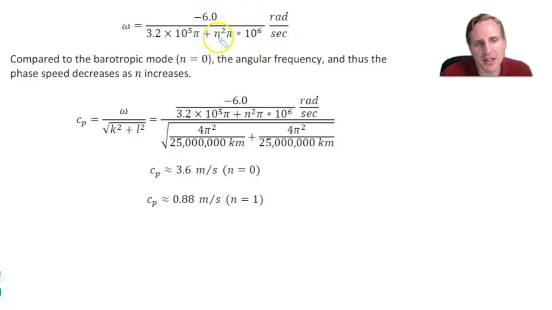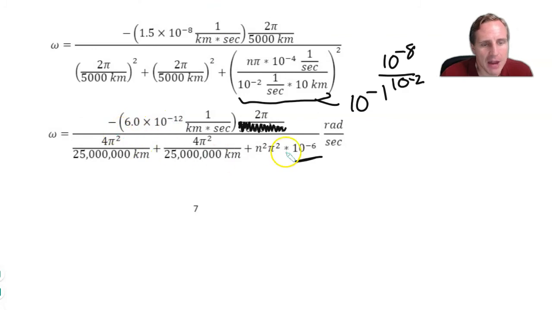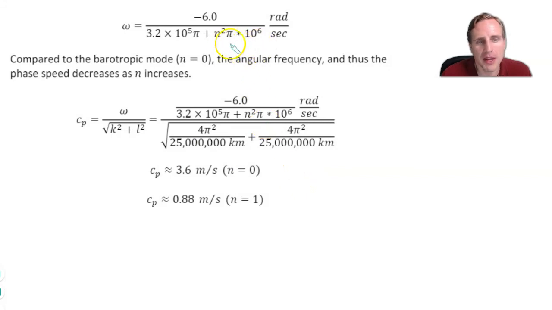And notice that this is an expression in terms of n and pi. I'm dividing everything here by pi, and I'm multiplying everything by 25 million here as well. So hopefully I'm getting something like this. Okay, so hopefully this roughly looks correct.